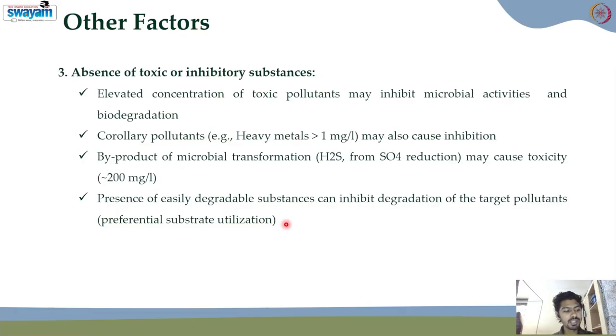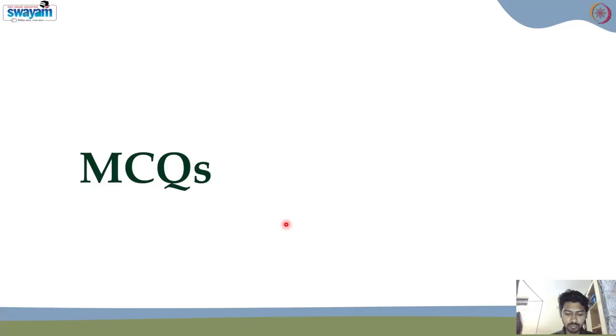So this is why you need to understand the various factors of the bioremediation approaches. These are all the contents that I wanted to discuss in this session. We have seen the five principles of bioremediation and the factors affecting the biodegradation process and many more.